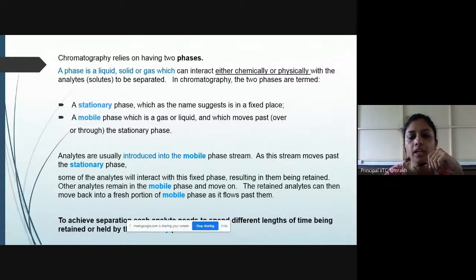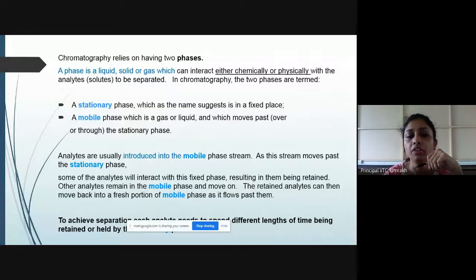Ultimately, those components which interact more with the stationary phase will remain there, and those analytes which interact with the mobile phase will be moving further.